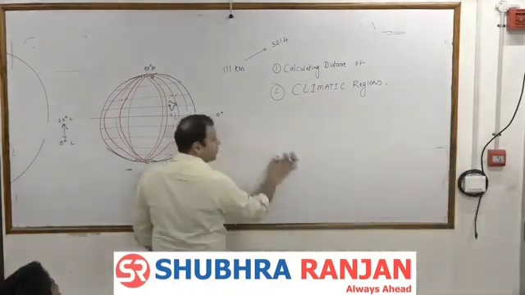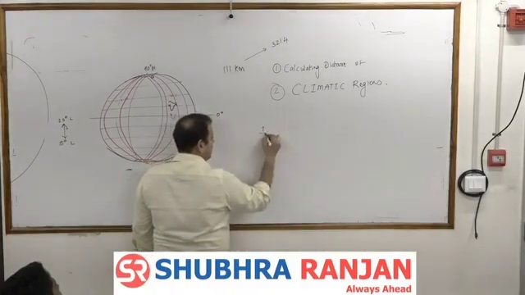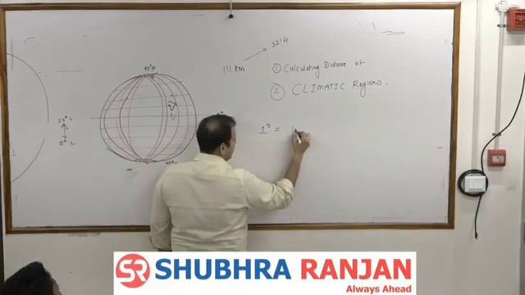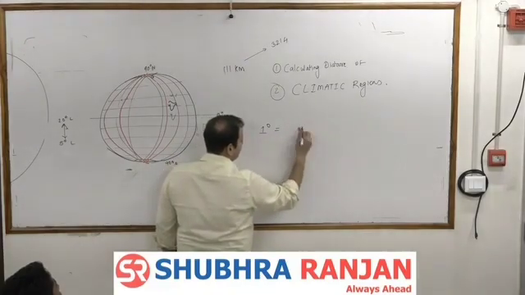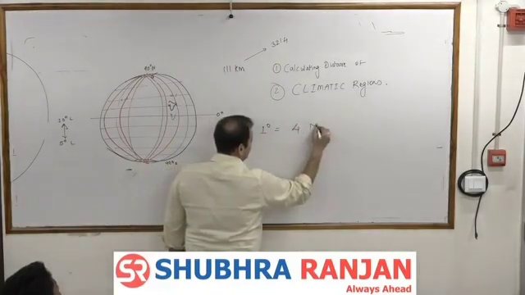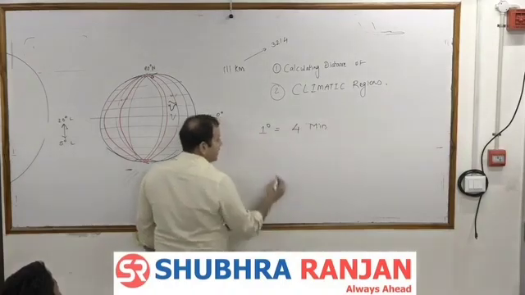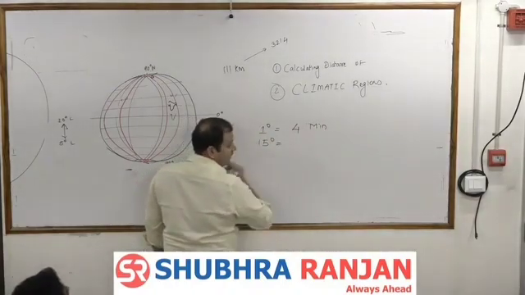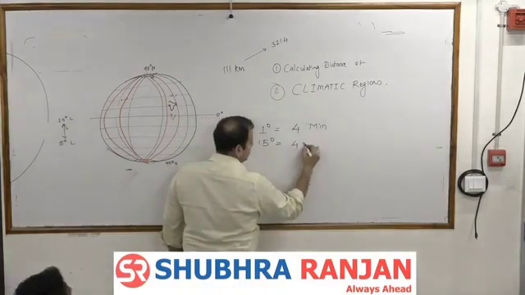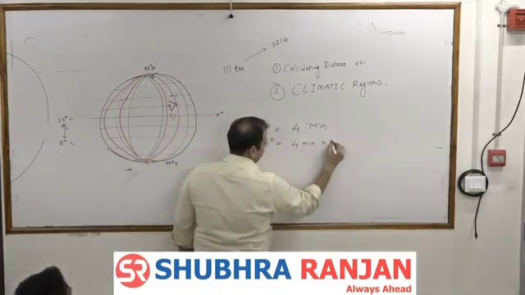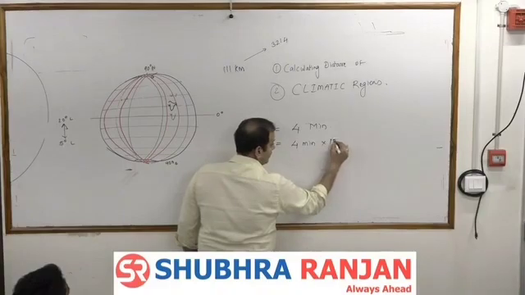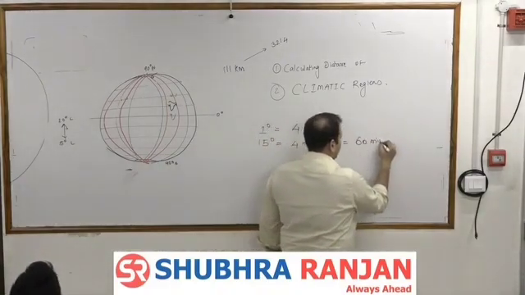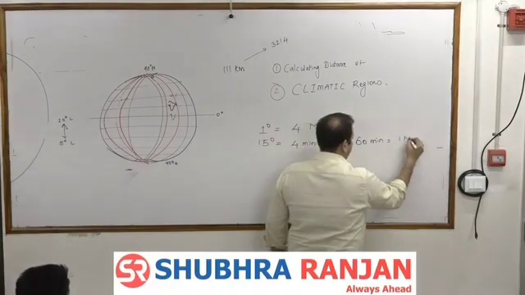So the difference between two longitudes, 1 degree, is 4 minutes. And therefore the difference for 15 degrees is 4 minutes into 15, which is 60 minutes or 1 hour.